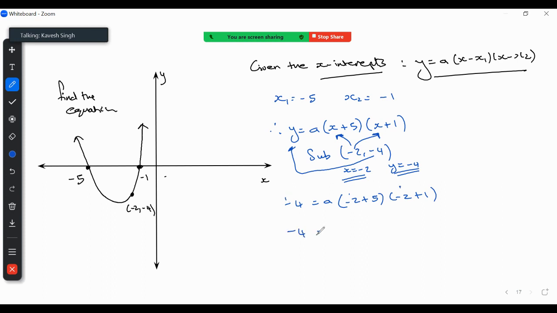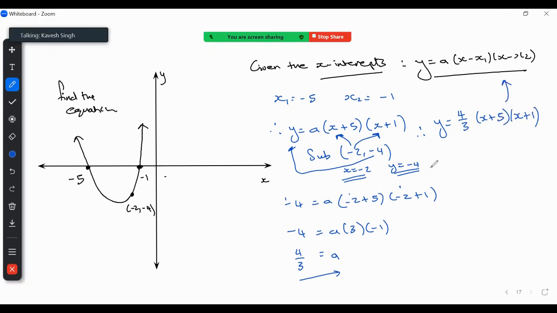So that's negative 4 equals a, negative 2 plus 5 is 3, negative 2 plus 1 is negative 1. That's negative 3a. Divided on the other side becomes 4 over 3. And so a equals 4 over 3. And so y equals 4 over 3 times x plus 5, x plus 1.